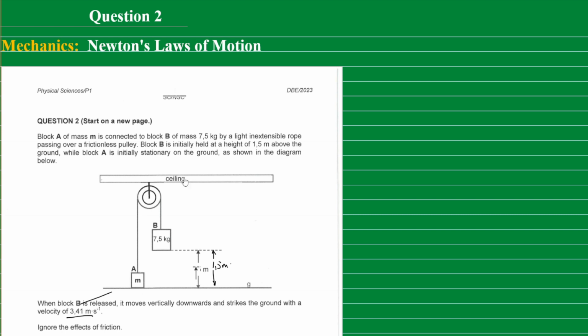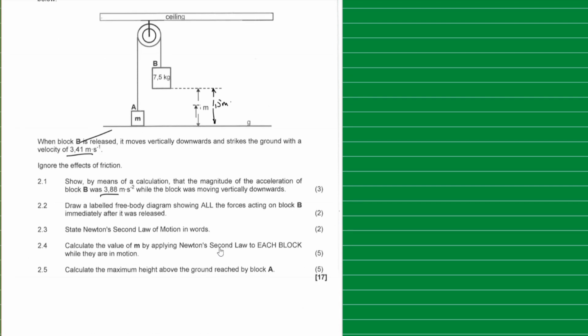With such questions, for 2.1, we must focus on the movement of block B from where it was held down to the ground level. So we are going to use the equations of motion for that section.